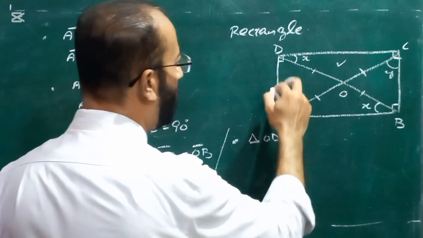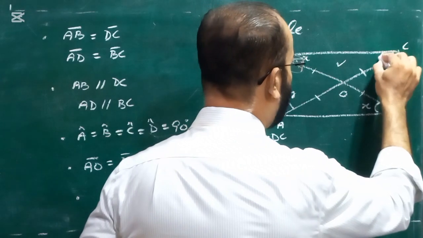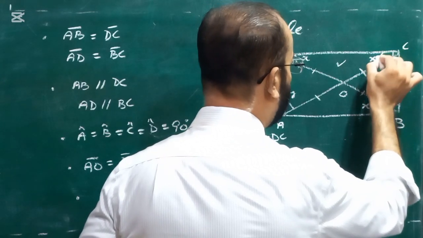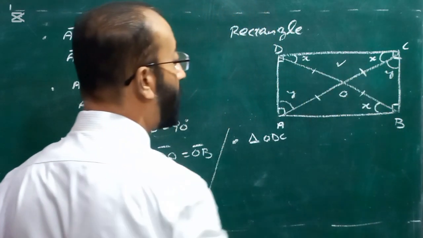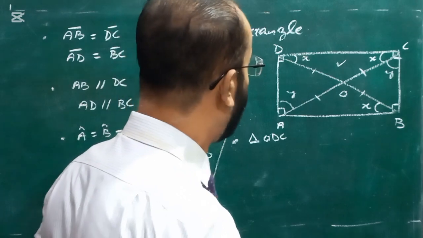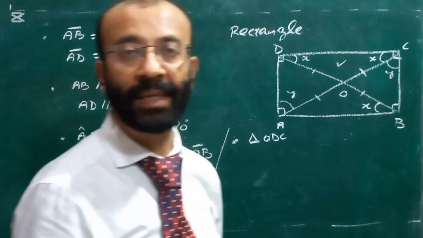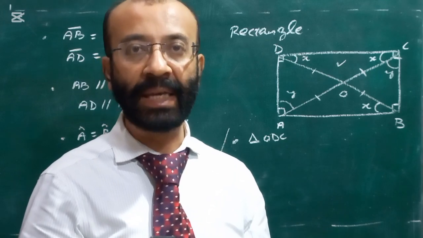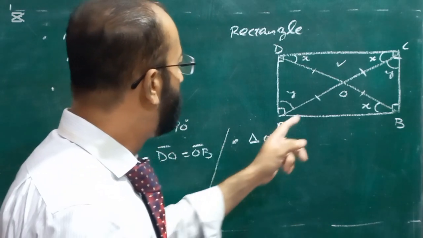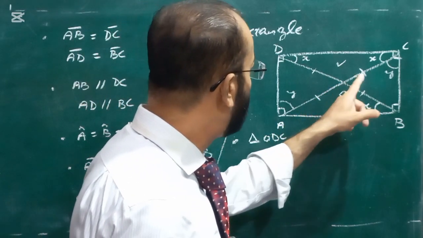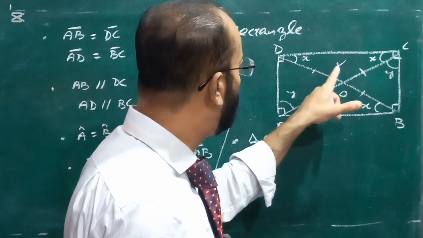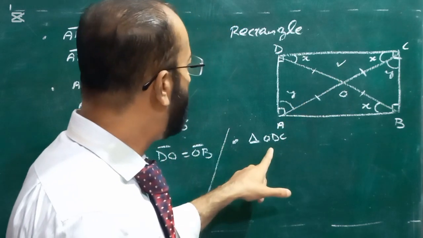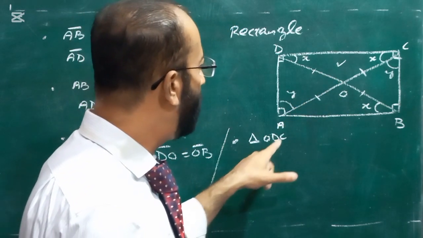So if this angle is x, this angle will also be x because base angles are equal in an isosceles triangle. An isosceles triangle is a triangle in which two sides are equal and their base angles are equal. Because in a rectangle these two sides are equal, this triangle ODC is an isosceles triangle.